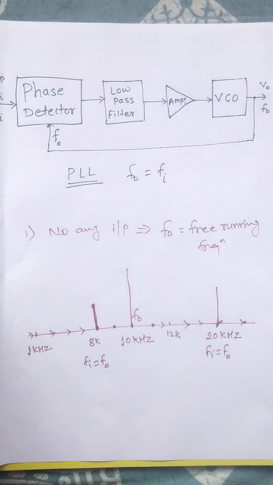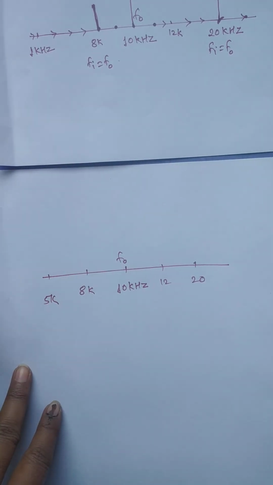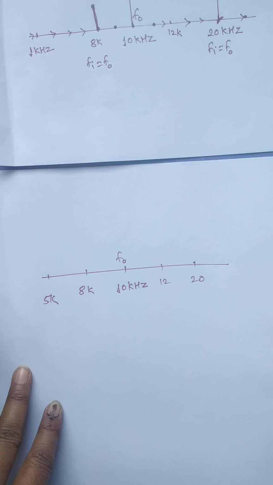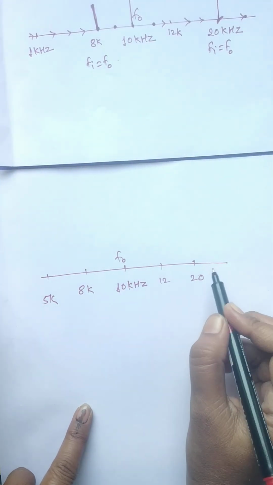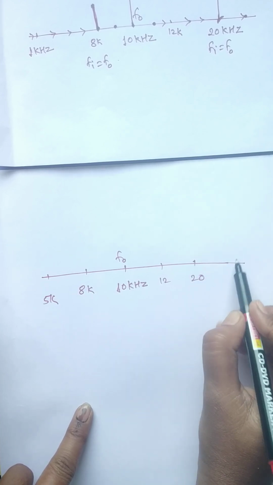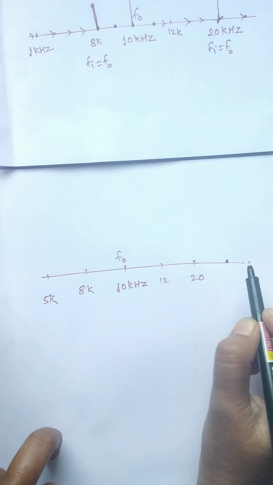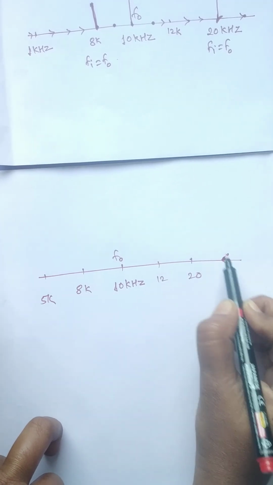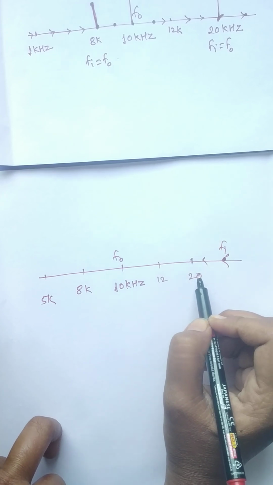Now let us explain it while decreasing frequencies. Initially the VCO is running at the free running frequency of 10 kilohertz, but if the applied input signal is, suppose, 30 kilohertz, the PLL can't track. Now the input signal frequency is decreasing. It has become 20 kilohertz.